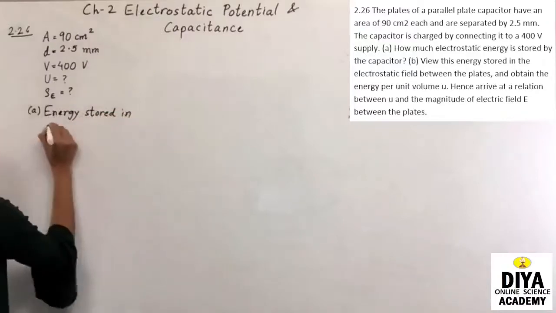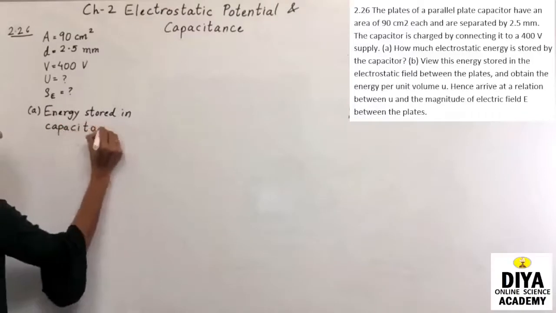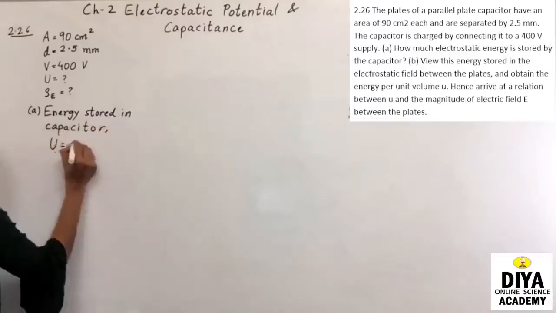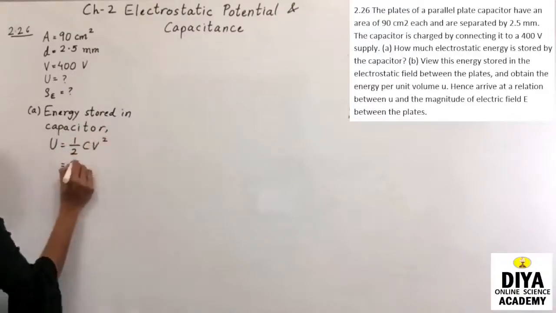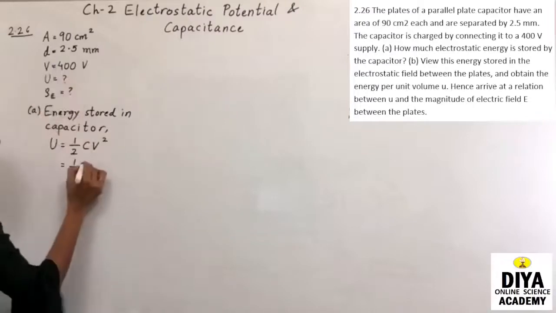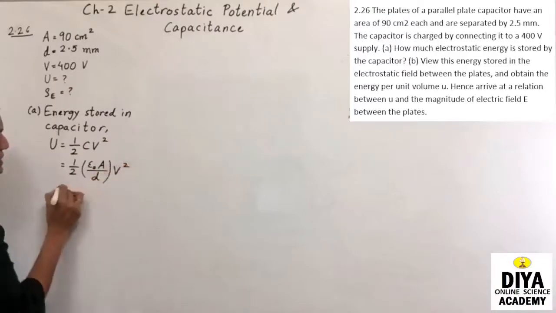in a parallel plate capacitor is U equals half C V square, equals half C, for a parallel plate capacitor C equals epsilon 0 A upon D, into V square.